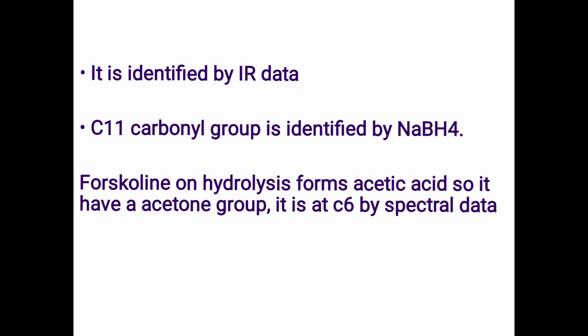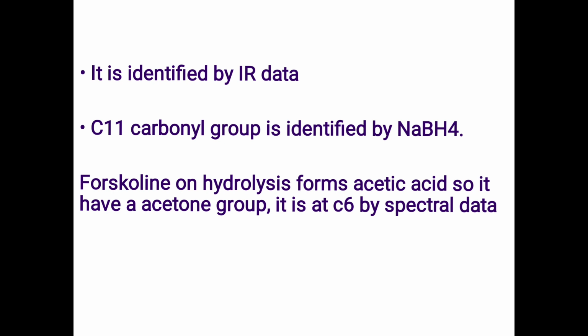So the carbonyl group present in forskolin is identified as a ketonic functional group. So on reduction with sodium borohydride, the carbonyl group in forskolin is converted into a secondary alcohol. So it indicates the presence of a ketonic functional group in forskolin.